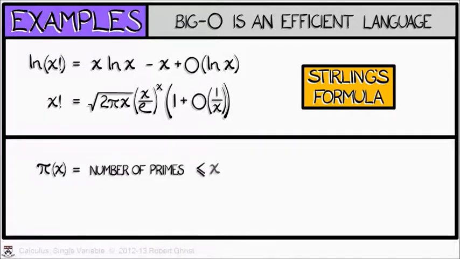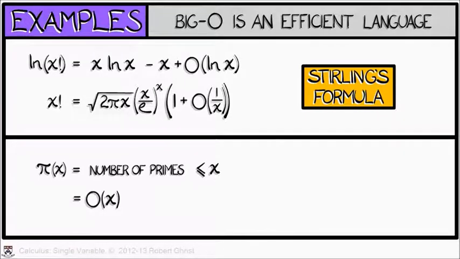Pure mathematics uses big O as well. Let's define the function pi of x to be the number of prime numbers less than x. Let's restrict to positive primes, of course, and x is going to be, let's say, integer valued. Doesn't matter.